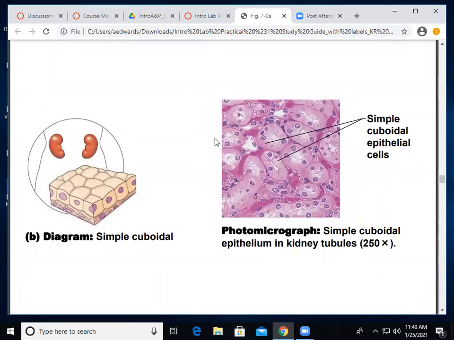All right, another type of cell shape. These are more square or cube shaped, so they're cuboidal. If there's one layer of cube-shaped cells, it's simple cuboidal.